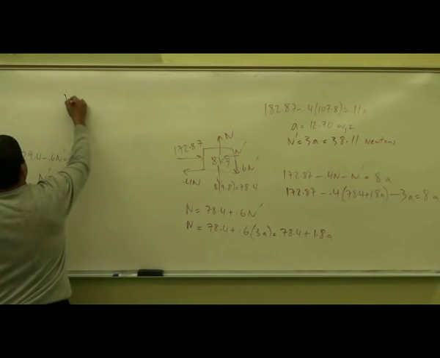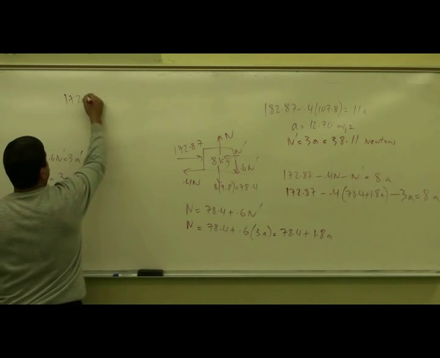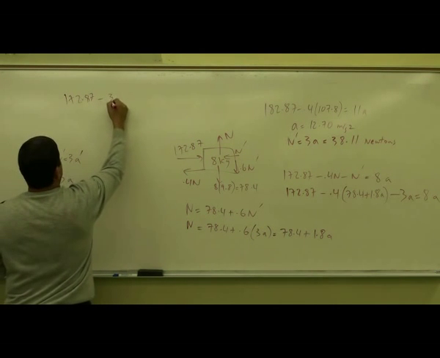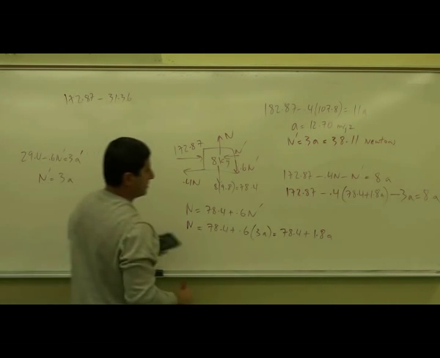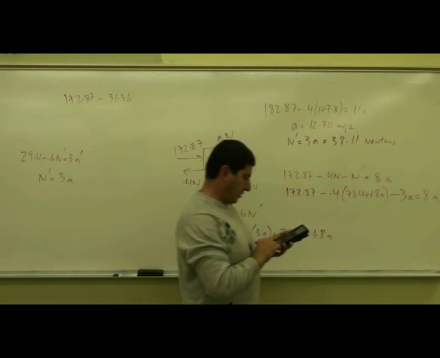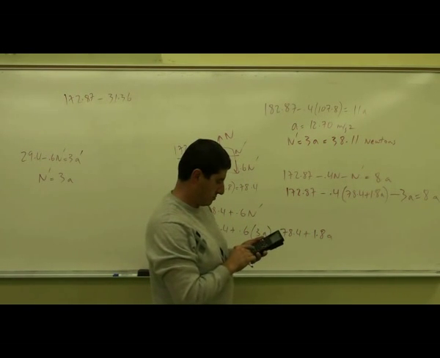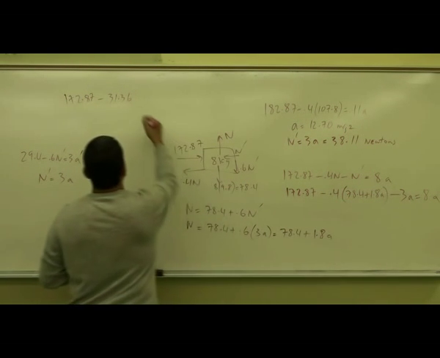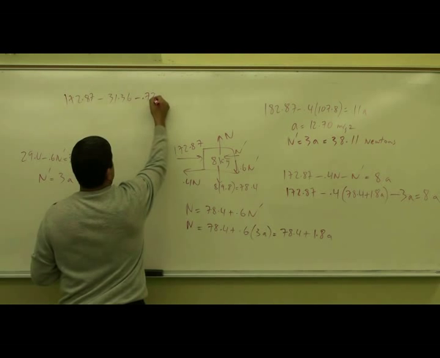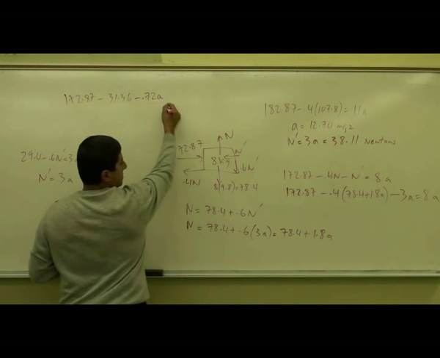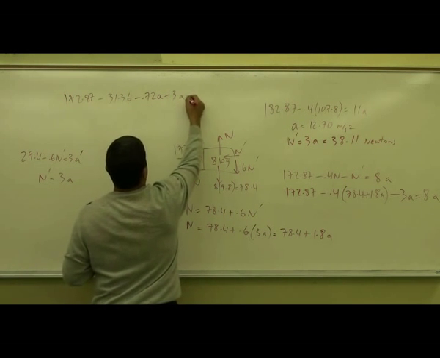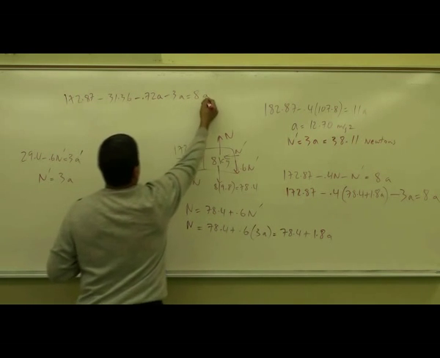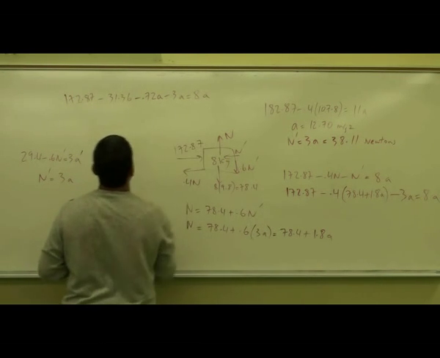So you have 172.87 minus 31.36. 0.4 times 1.8 is 0.72, that's negative 0.72a. And then negative 3a is equal to 8a. So the 3a goes over there, and the 0.72a goes over there.